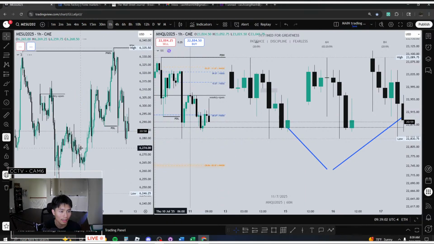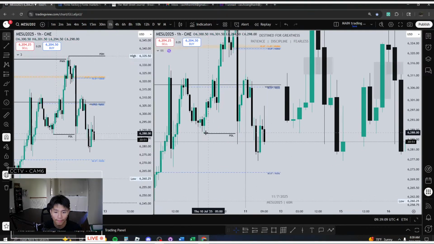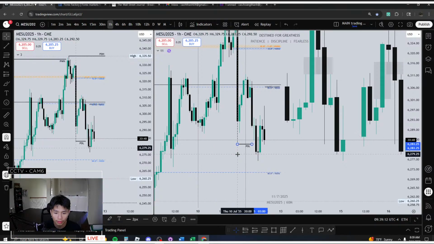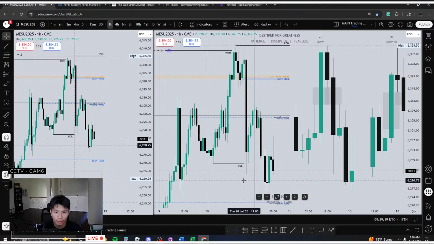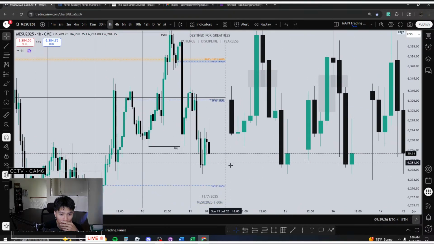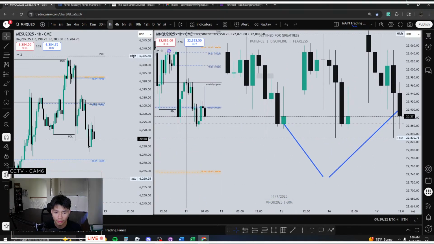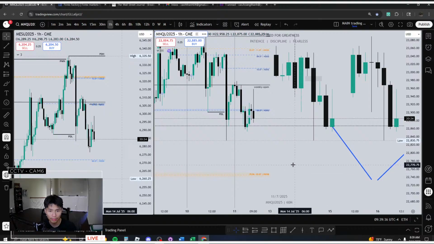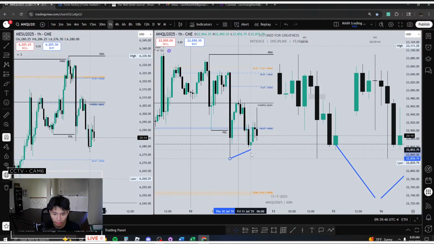I do want to take a look at ES and see if there's any SMT divergence here. So we actually took out the daily low here as well. It's a daily high. Alright, so let's take a look here on NQ and ES. We do have an SMT divergence right now. There's an SMT divergence right here. So this swing low, there's SMT there.